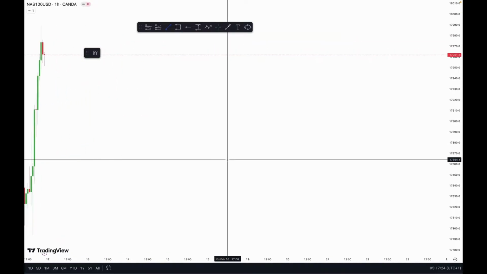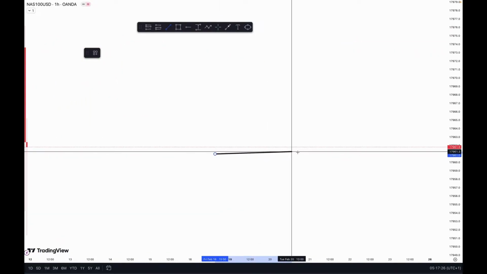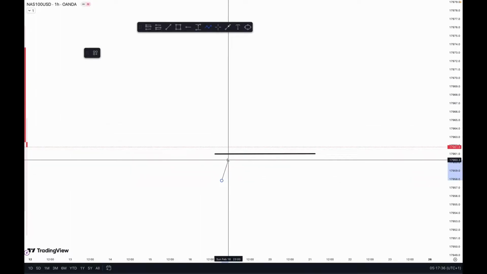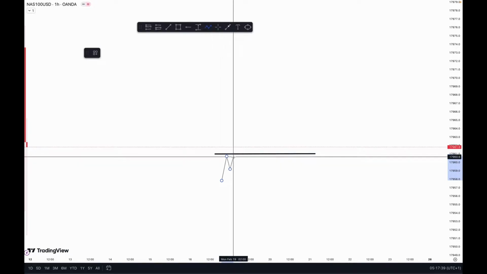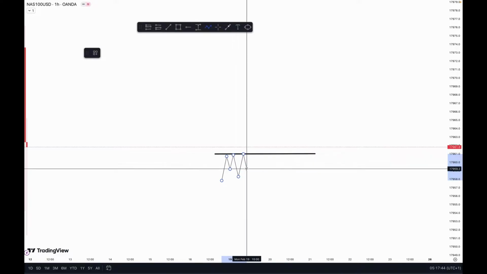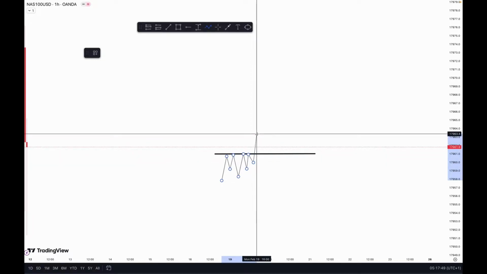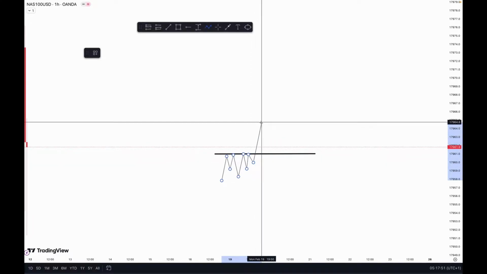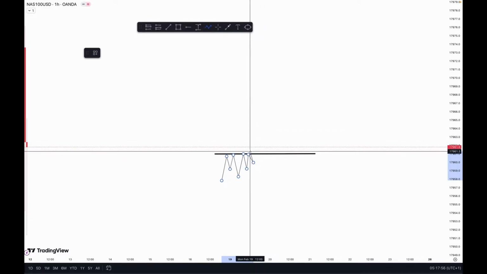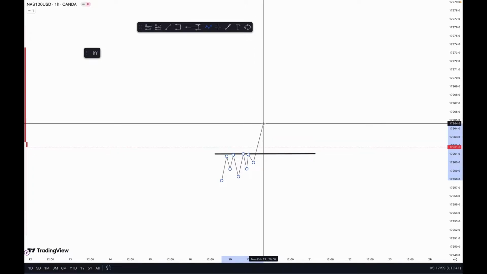Let's say this is a resistance zone, and price comes here, rejects this zone, comes back here, rejects this zone again, and then finally price breaks this low. This is what I call indication. Price is indicating to you that, hey, above this area I can go this high.